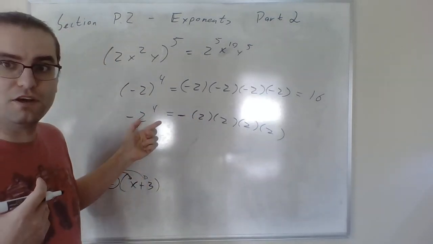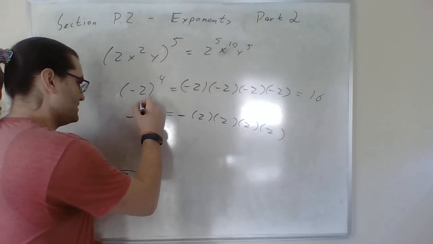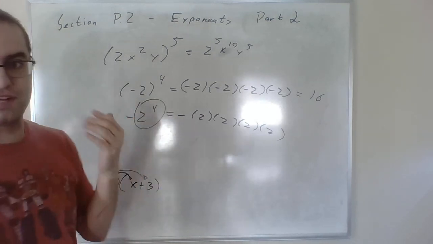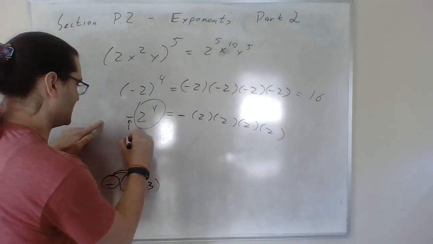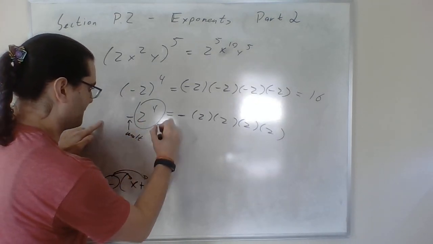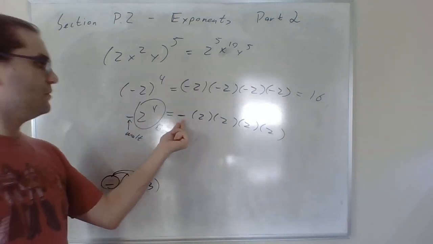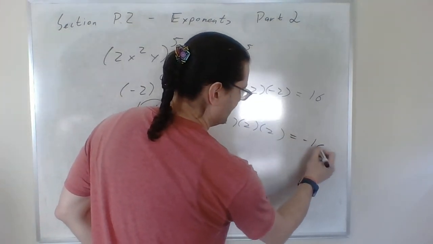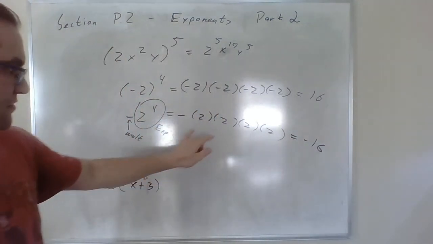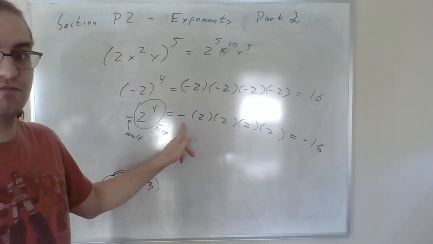If you're doing order of operations, this happens first because it's an exponent. This happens later because it's multiplication. So in this case, you get -16. The 4 2's combine into 16 and the negative is hanging out in front.